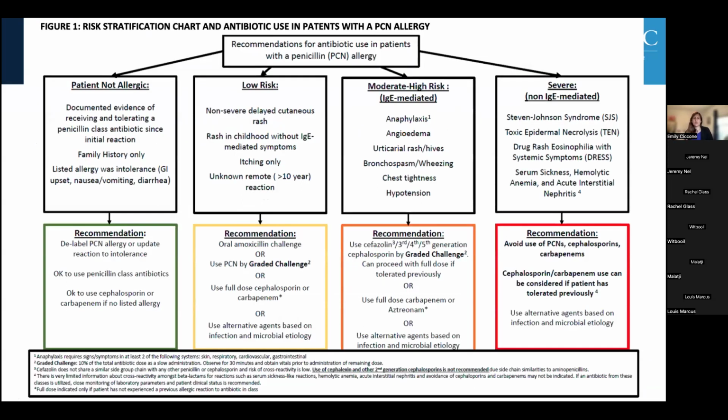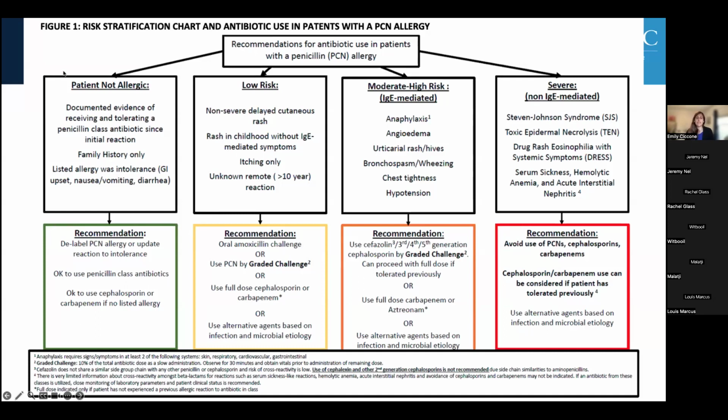At UNC, we use a little bit more of a complicated risk stratification chart, but basically divide it into 4 groups. So based on history, we can sometimes tell that the patient is not allergic. So maybe they say they have an allergy to amoxicillin, but that they got Zosyn at their last hospitalization, or Piptazo.